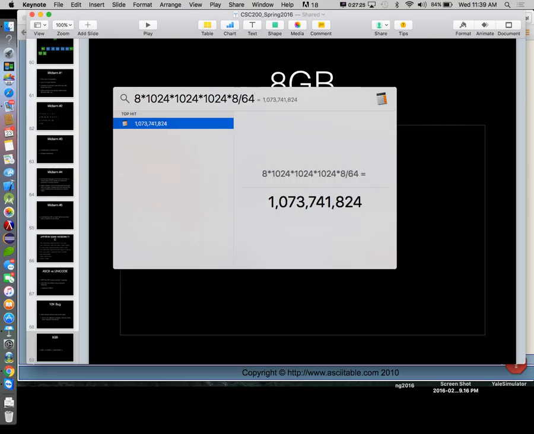Divide that by 64. That is the number of longs, the number of 64-bit integers that you can hold in your computer's memory. So this is 1,073,741,824 numbers.